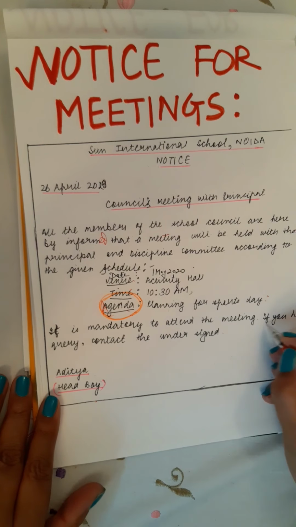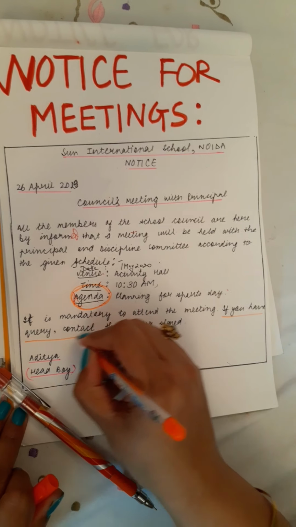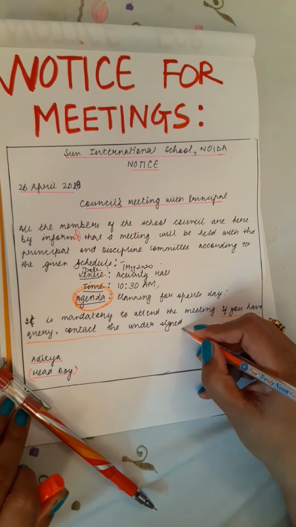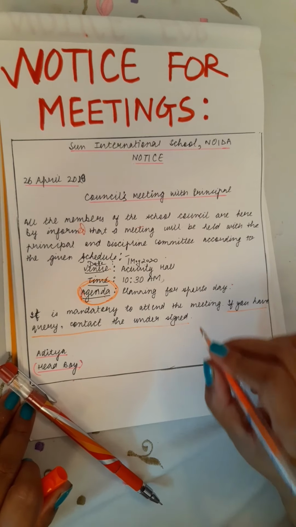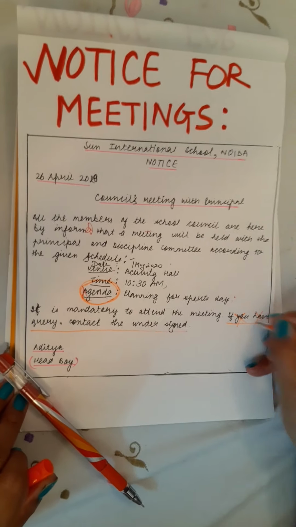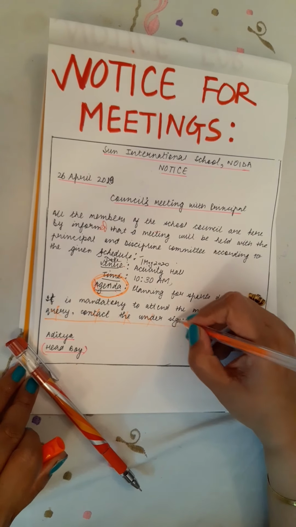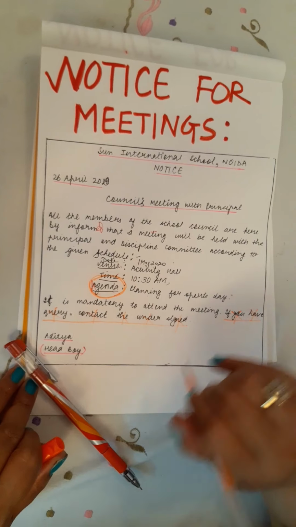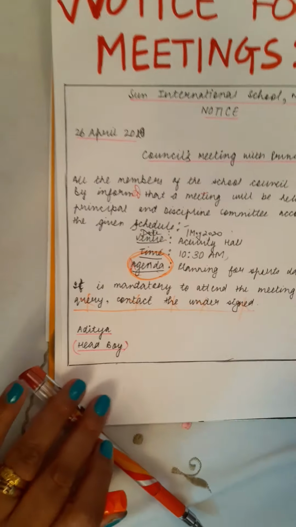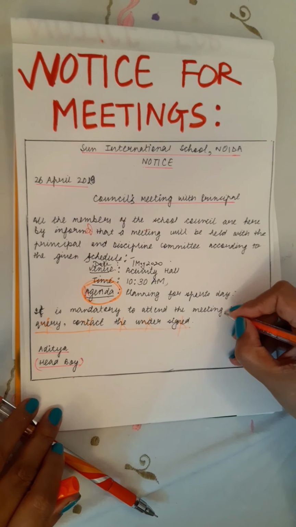See, this line is written. I told you only such type of line is written in trips and excursion notices. So I will not write this in my notice of meetings. I will just write it is mandatory to attend the meeting.